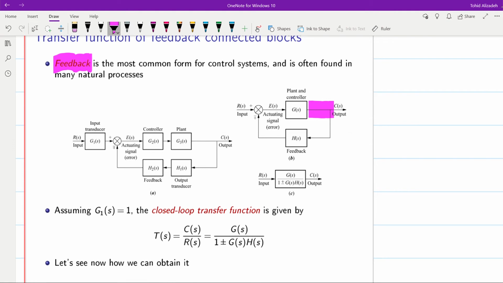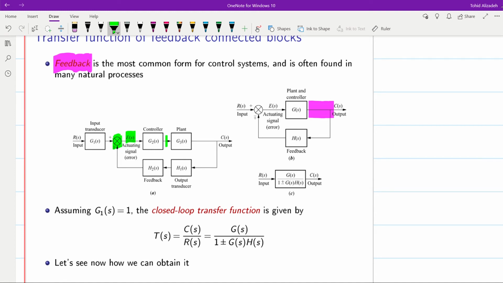So in the first one that is shown here, we have a summing point. That summing point's output, E of S, is used as the input to the controller, and then the output of the controller is used as the input to the plant. Basically, this is a control system.